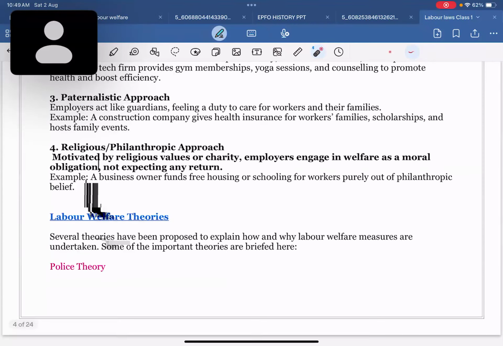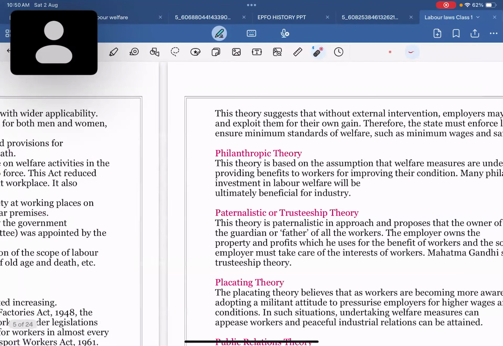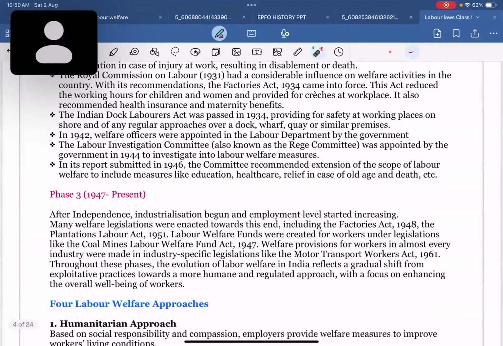So, labor welfare theories. Several theories have been proposed to explain how and why labor welfare measures are undertaken. Some of the important theories are briefed here, such as the police theory, the philanthropic theory, and the paternalistic theory. Same things as the four approaches we have understood now.